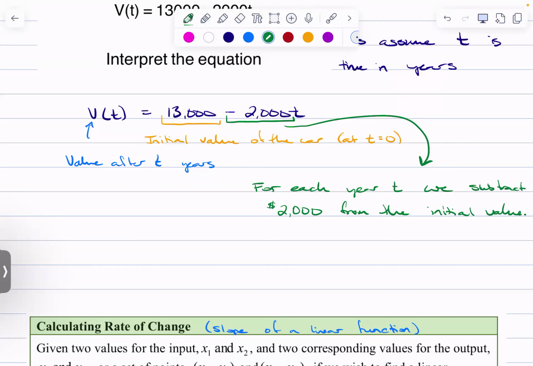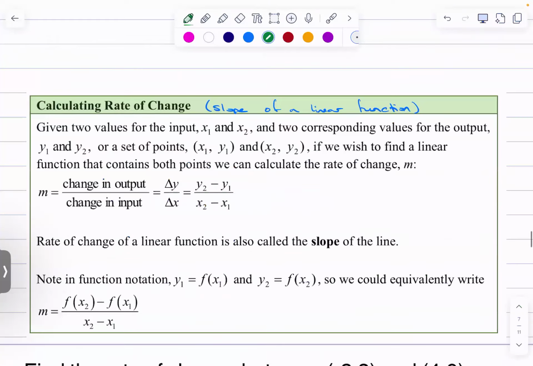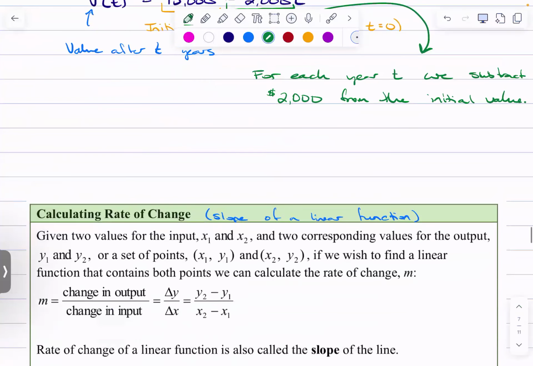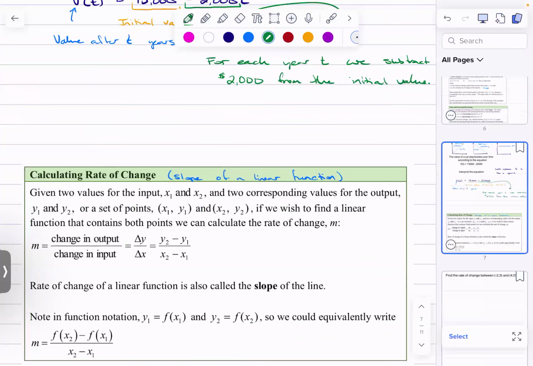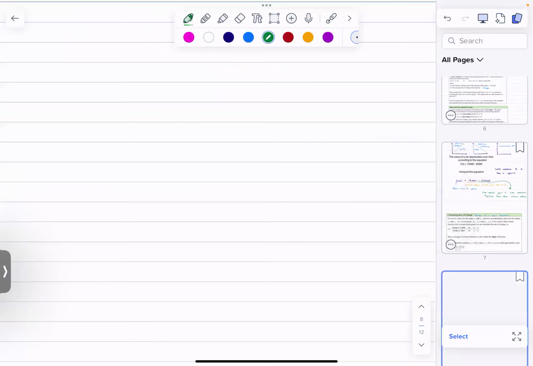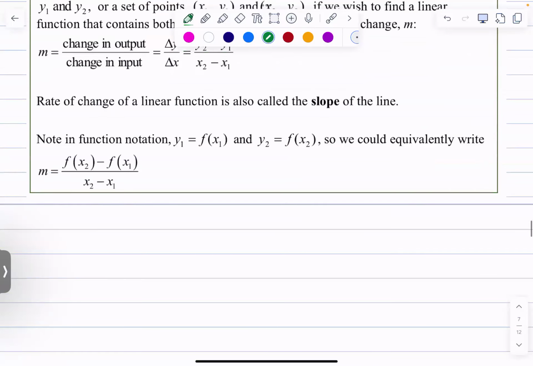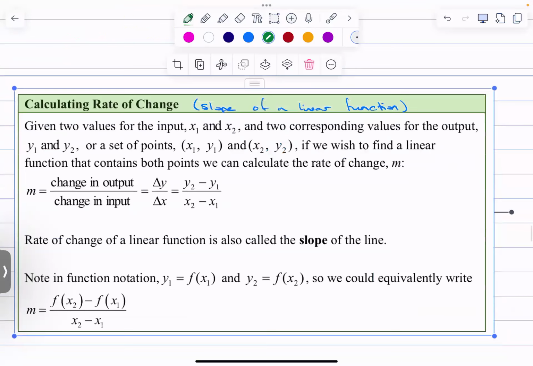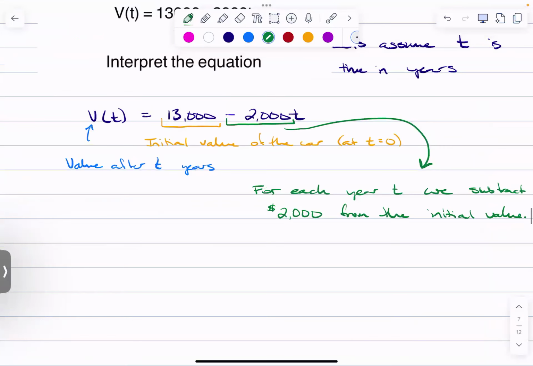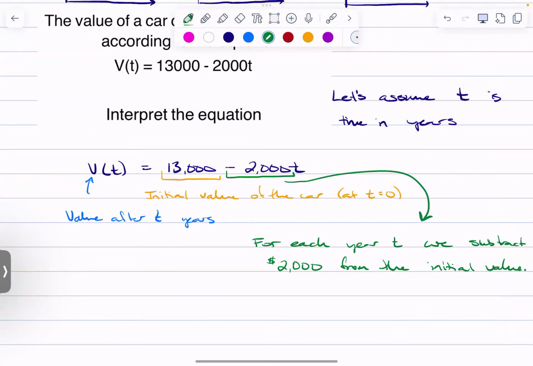This is where I wanted to add something, I think. So that's how we would interpret this equation, right? We have some input t and an output of the value.